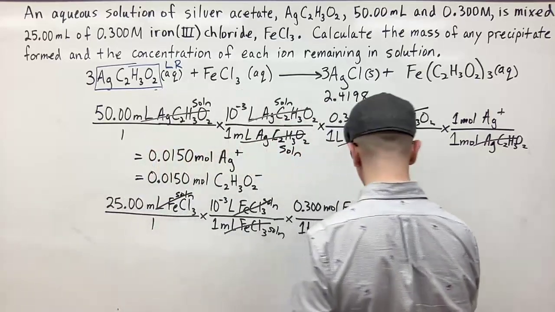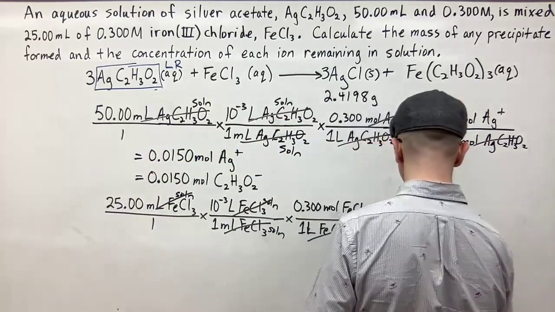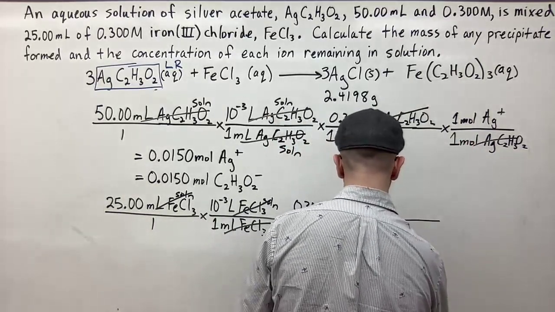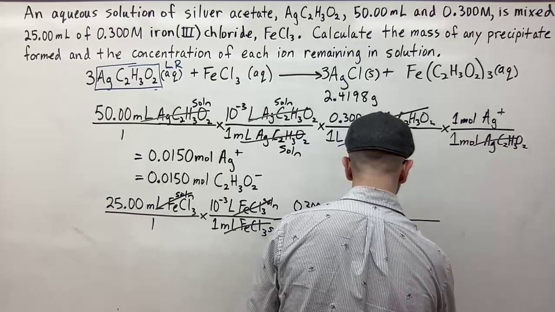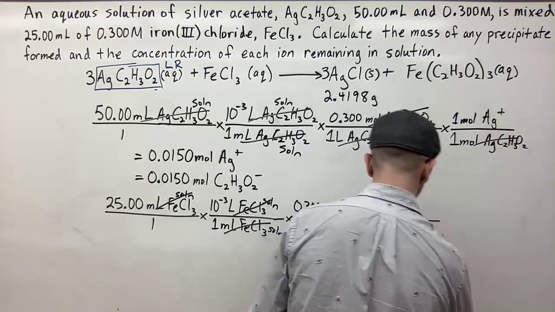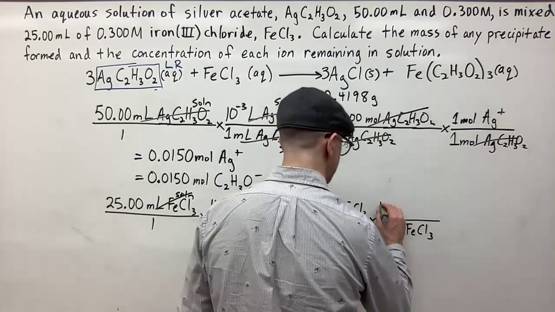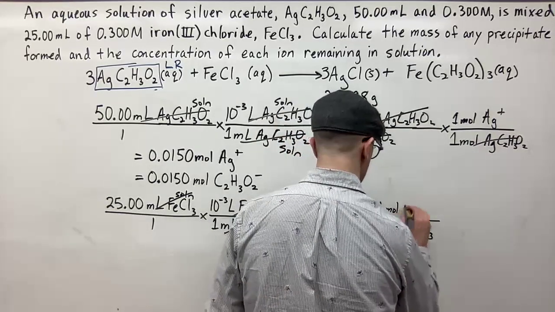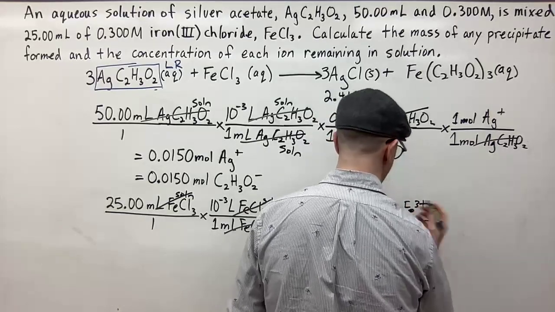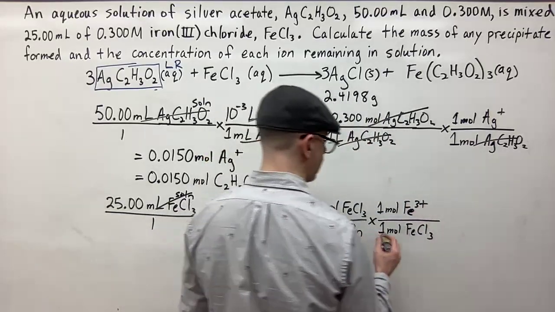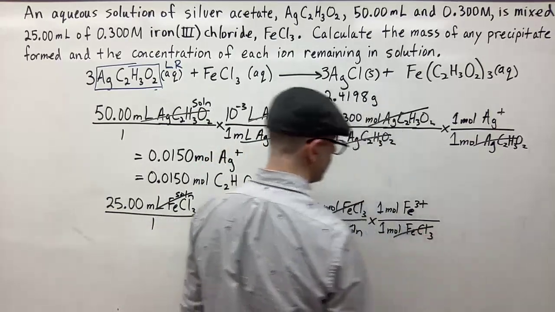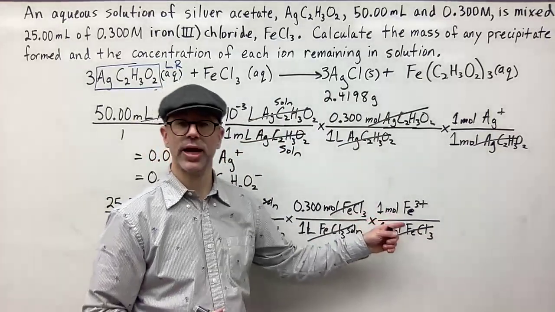So I can use that to convert to moles of iron ion. So 1 mole of the FeCl3 on the bottom, and 1 mole of Fe3 plus, or iron 3, on the top. So moles of the FeCl3 cancel out. Now I have moles of the iron 3 ion.